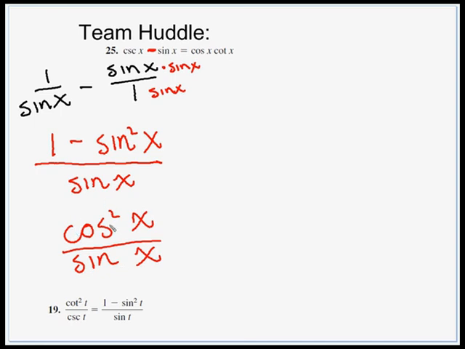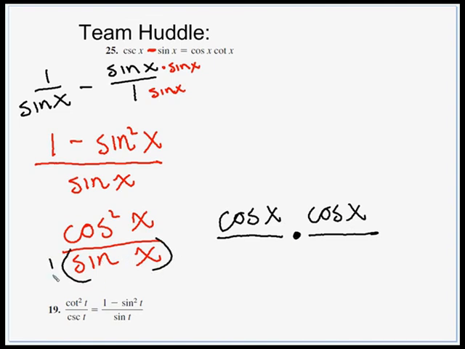But we have a cosine squared. Well, that doesn't matter. We can just pull this apart into two fractions that are multiplied. To get cos squared, it would be cosine times cosine. And our denominator is sine x, or you could think about it as 1 times the sine of x. Well, our final answer here is cosine times cotangent.